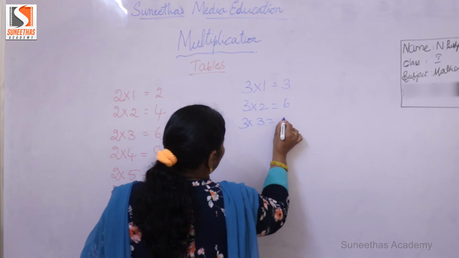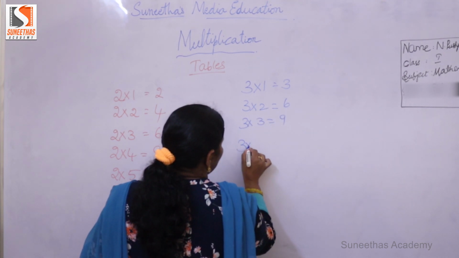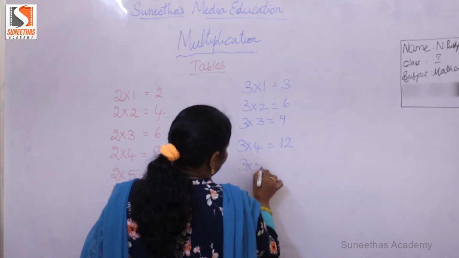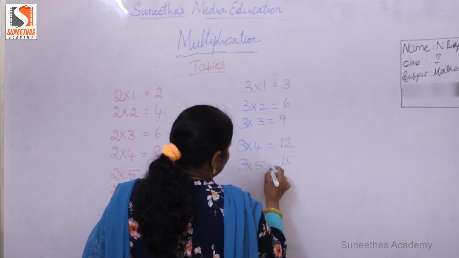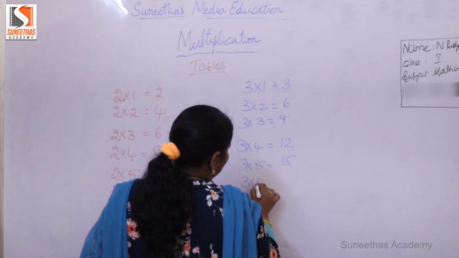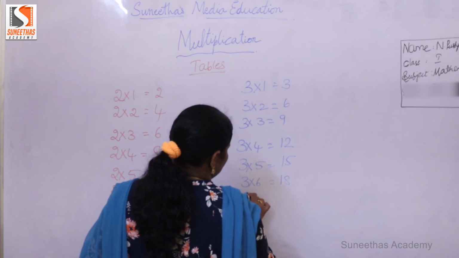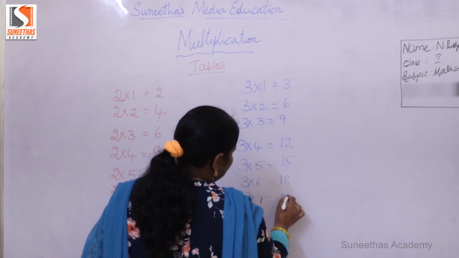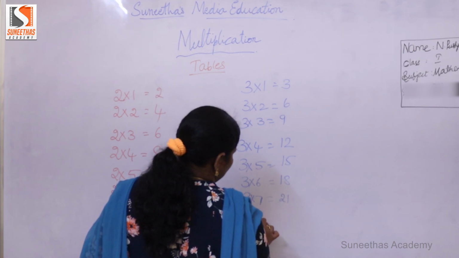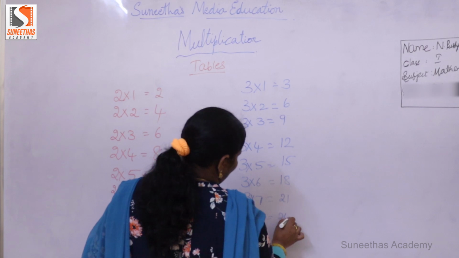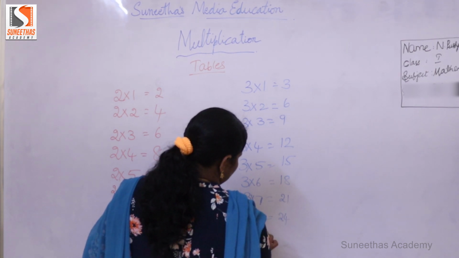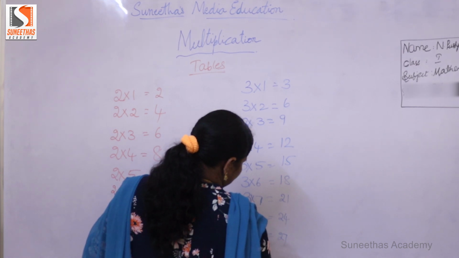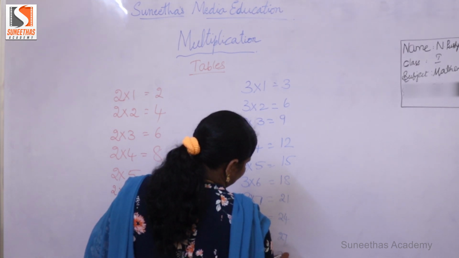3 threes are 9. 3 fours are 12. 3 fives are 15. 3 sixes are 18. 3 sevens are 21. 3 eights are 24. 3 nines are 27. 3 tens are 30.